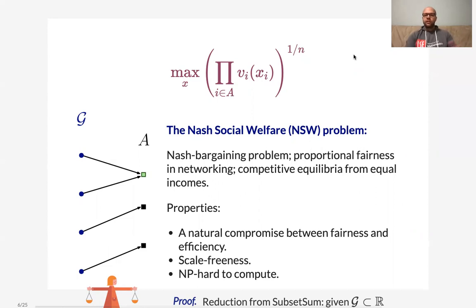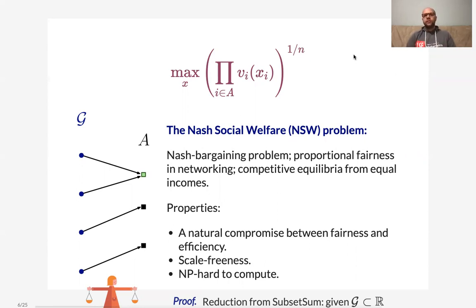And also, if we had such a problem of allocating goods to agents, but instead of indivisible items you had divisible items, then with maximizing Nash social welfare, we would actually recover a notion of competitive equilibrium from equal incomes.